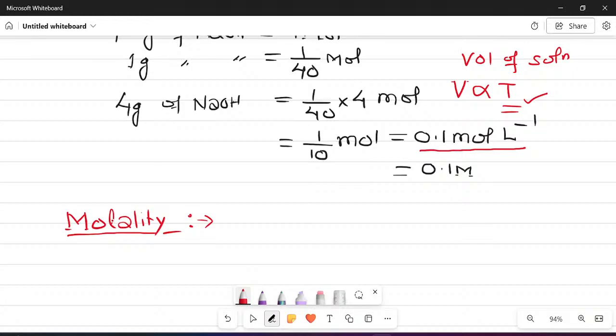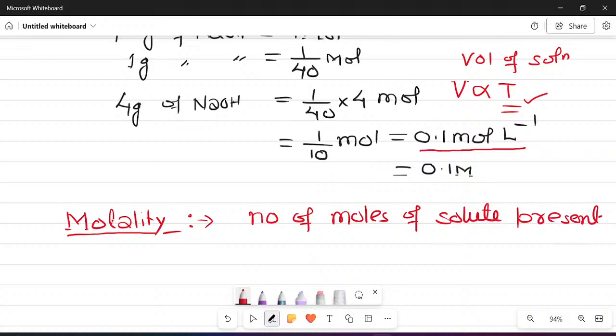Molality may be defined as number of moles of solute present in 1 kilogram of the solvent.